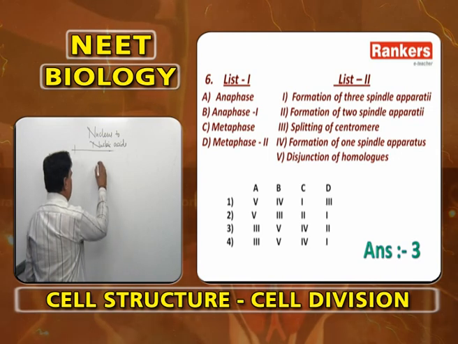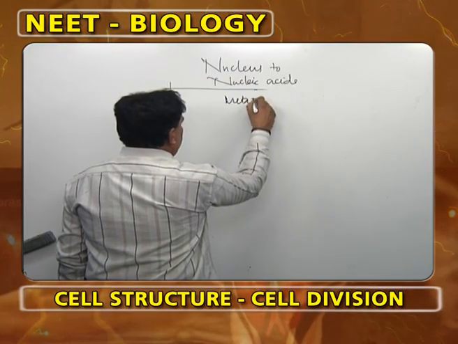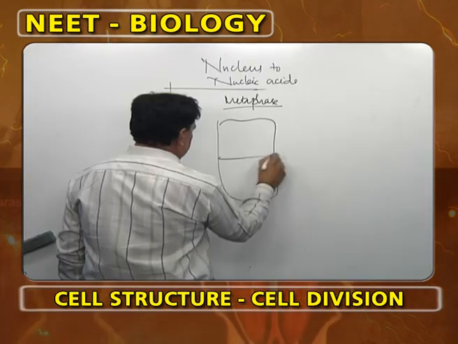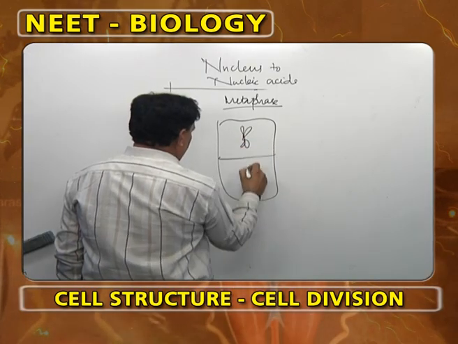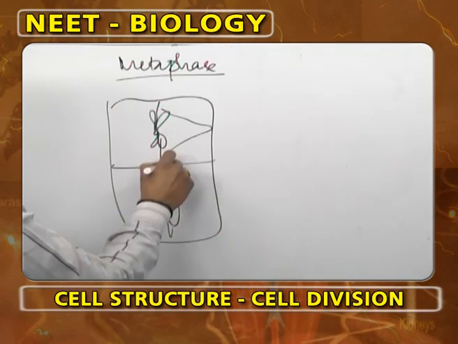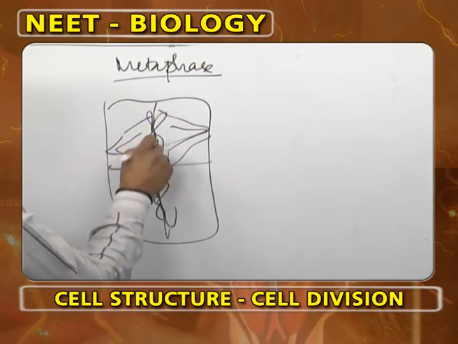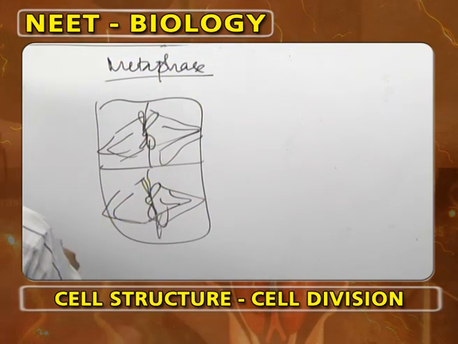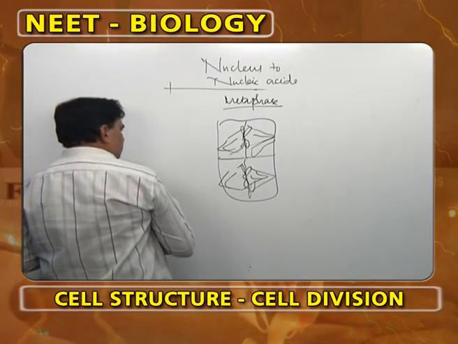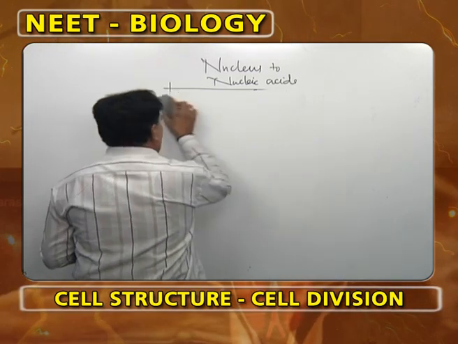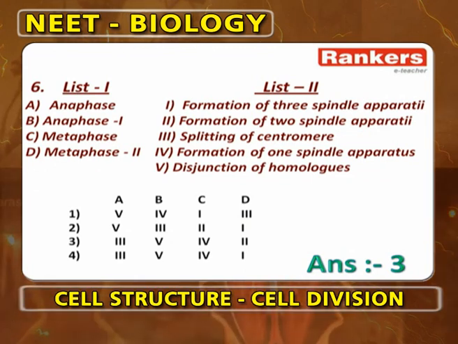Why 2 spindle apparatus? Because in metaphase 2, in each half of the cell, chromosomes get regularly arranged at the center on a metaphasic plate and spindle fibers are clearly visible. So 2 sets of spindle fibers are formed, exactly perpendicular to the places where spindle fibers are formed in metaphase 1.